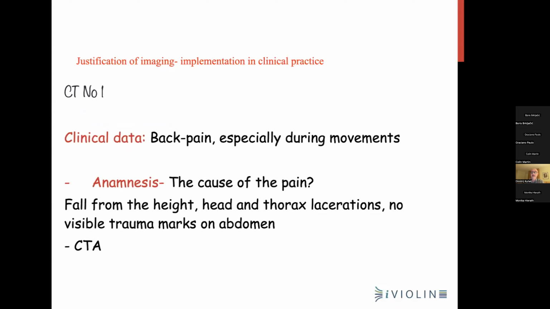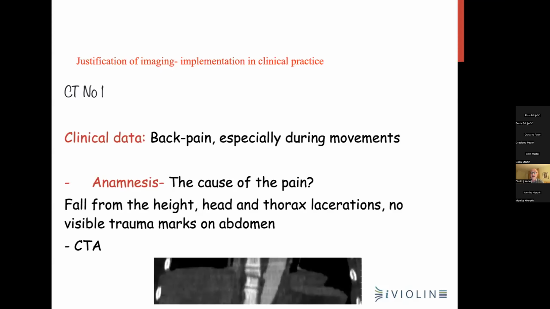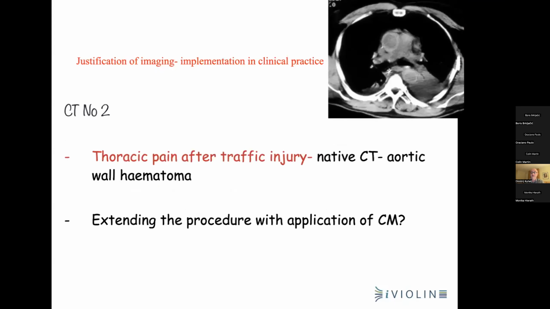He had head and thorax laceration, however, no visible marks on the abdomen. And we decided to perform CTA. On the CTA, we could see there was a vertebral fracture and there was aortic laceration. If this patient had come without anamnesis of a fall from height, the protocol would be completely different.